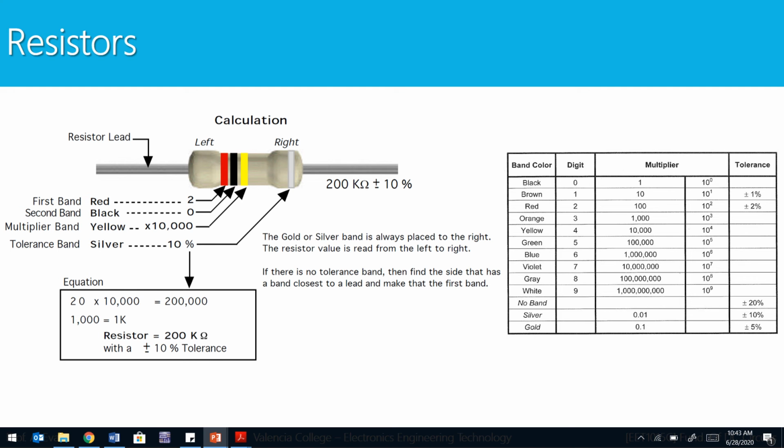I could have 10% more than 200K, or I could have 10% less than 200K. As long as I'm within that range, that resistor is deemed acceptable. If you were to measure a resistor and you found that its measurement was outside that range of tolerance, then you would probably throw that away and get a new one, because you can't really trust the accuracy of its resistance value. So this is how we decode a resistor using the color code.